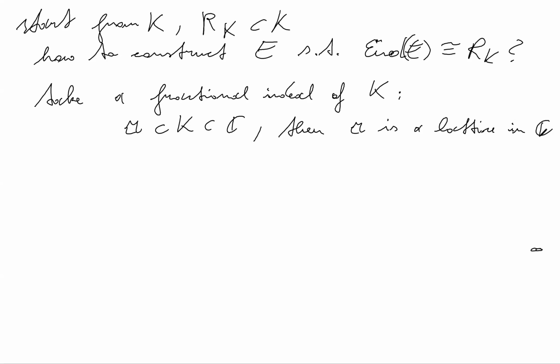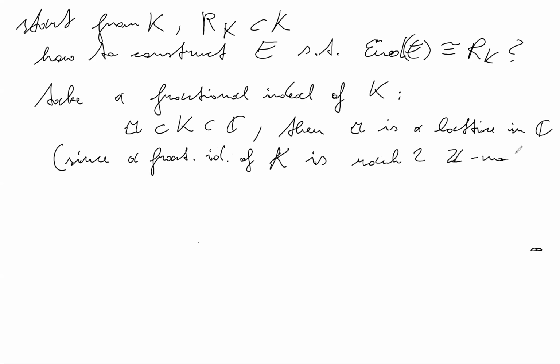And what this means is that A is a Z-module of rank 2, so you really want to have two generators that are independent over the reals. Because we chose K to be an imaginary quadratic field, any fractional ideal of K is a rank 2 Z-module. So you can really consider it as a lattice.